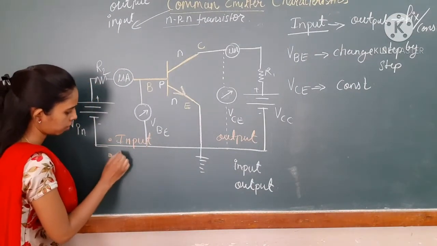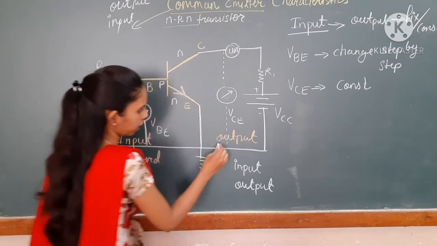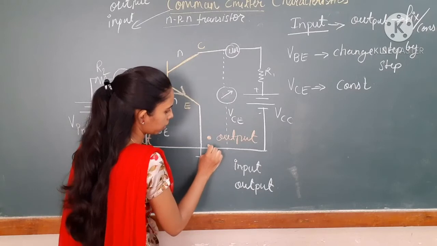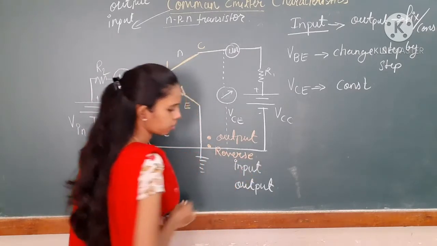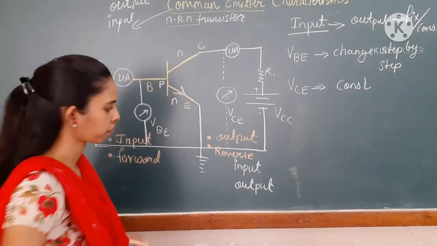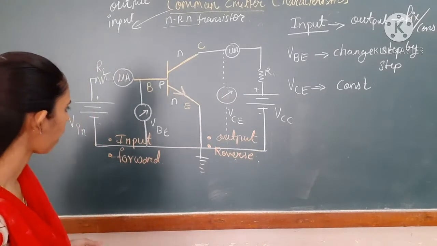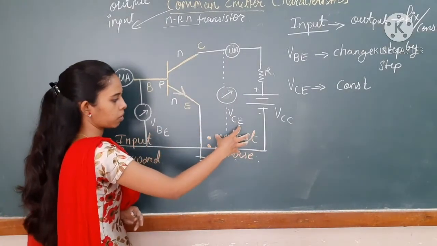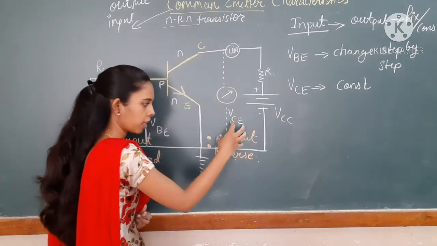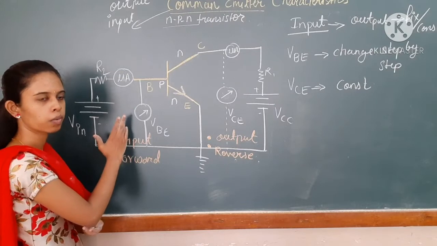Then this works in forward bias mode and this works in reverse bias mode. Okay. Now, if you have to study input characteristic, this should be kept constant. And if you want to study the output characteristics, then input should be kept at a constant value.